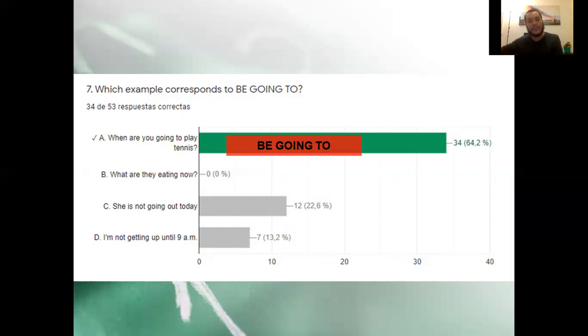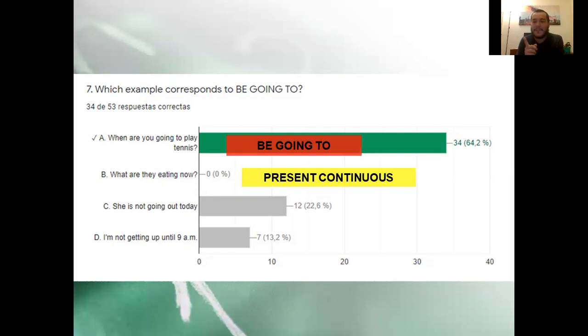Action after going to, play tennis, okay? B, what are you eating now, right? That is present continuous because you can see an action in the ing form, which is not going, right?